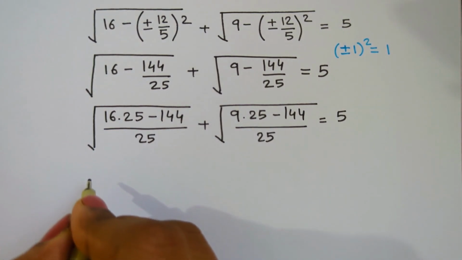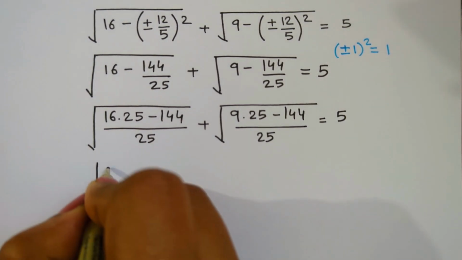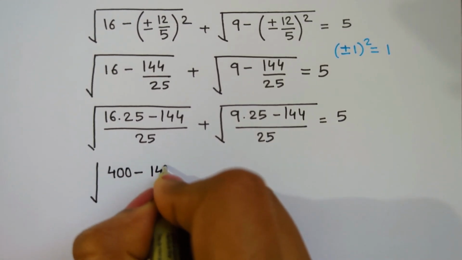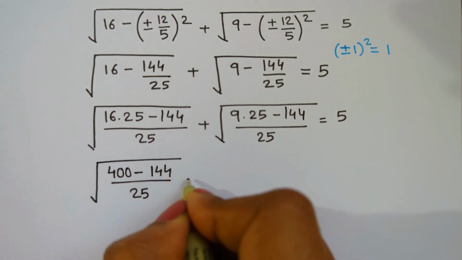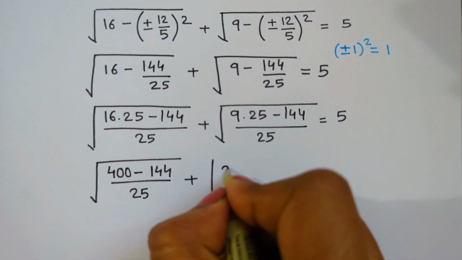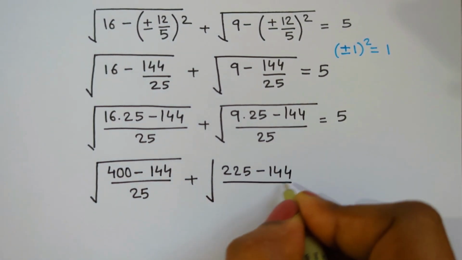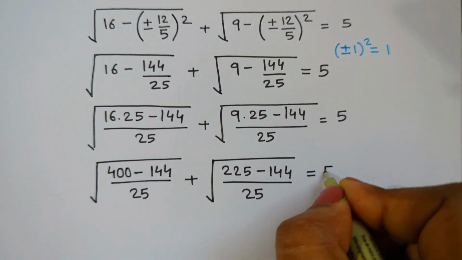We know that 16 into 25 is 400. So the next step would be square root of (400 minus 144) divided by 25 plus (225 minus 144) divided by 25 is equal to 5.